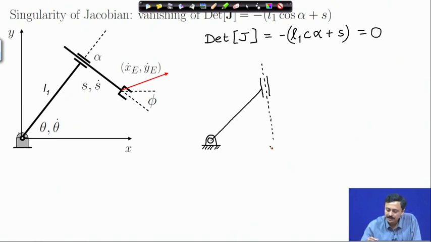Now, the question is, where is this determinant vanishing, for what value of s? You can see that in the determinant you have only s, L1 and alpha are constants.